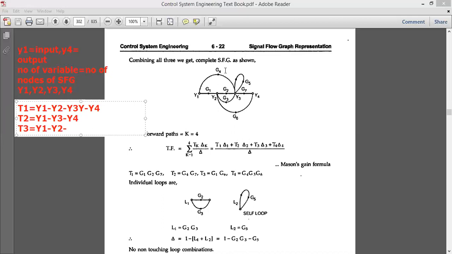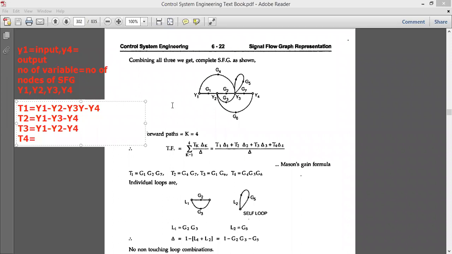Then from this point y2, a line is going from y2 through g6 and at point y4. So therefore from y2 it goes to y4. Then after the third we have one more, that is represented by t4.